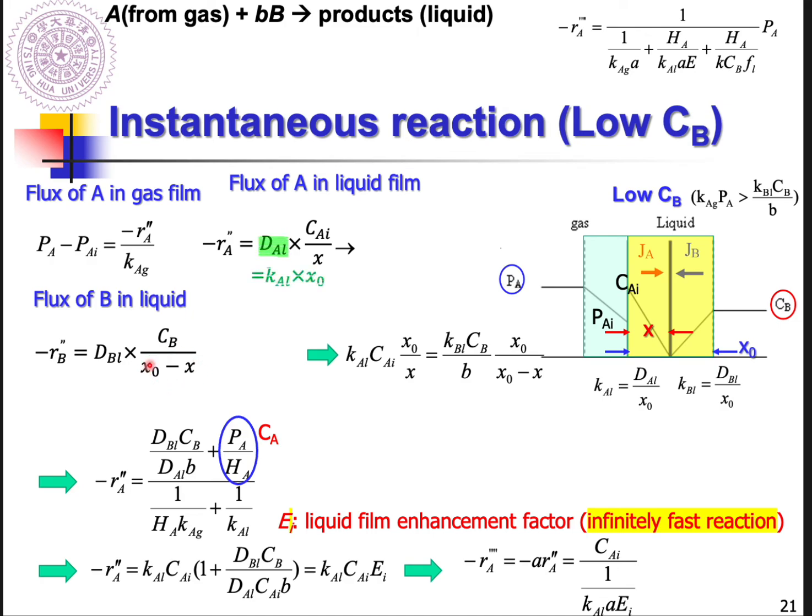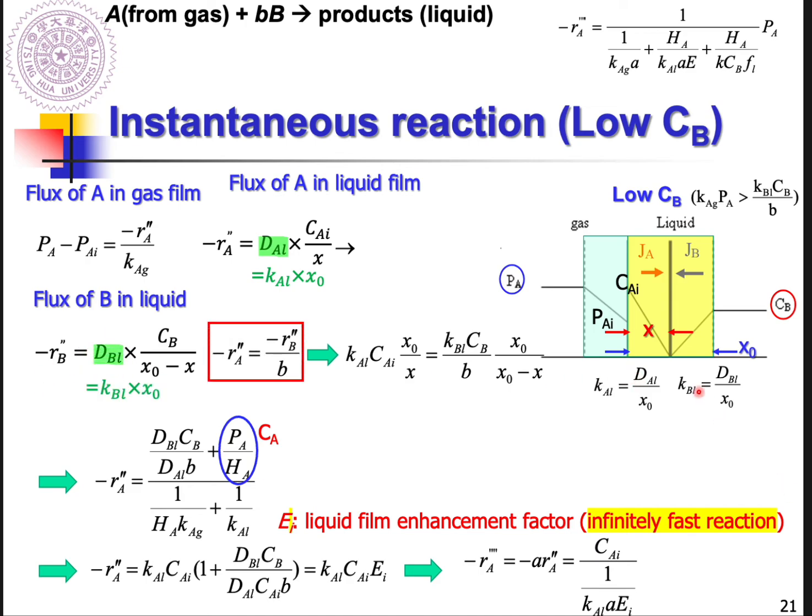And as we know, what's the DAL? You want to convert it to a transport coefficient: KAL equals DAL divided by x0, the thickness of the liquid film. So KAL times x0 equals DAL. And also, what's the DBL?